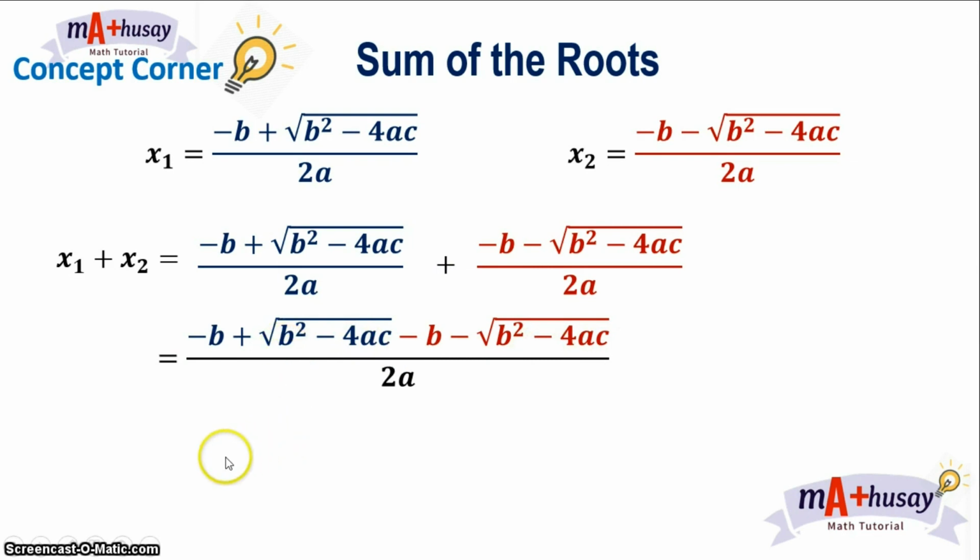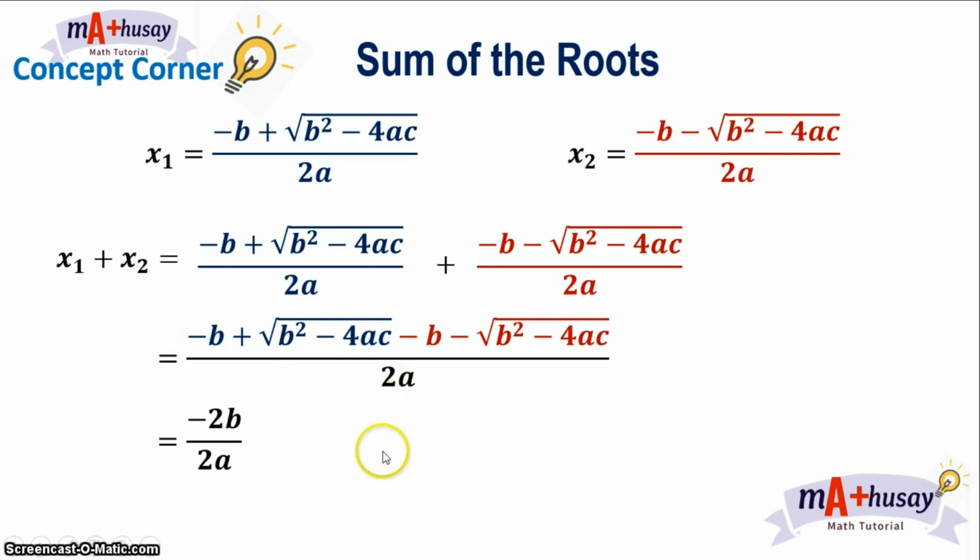Now, kung mapapansin ninyo, pwede nating i-cancel si square root of b squared minus 4ac. Pwede itong i-cancel. So, you will have in the numerator negative 2b all over 2a. Right? Because you have negative b here and you have negative b. So, when you combine, you will have negative 2b over 2a.